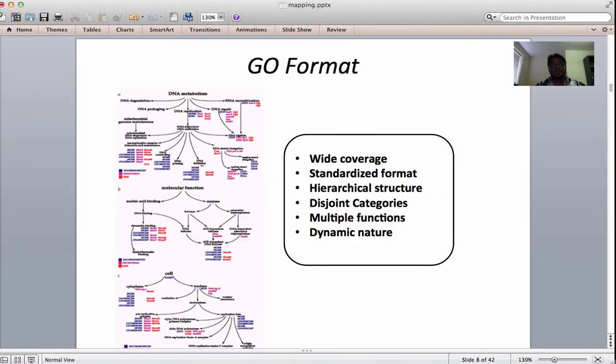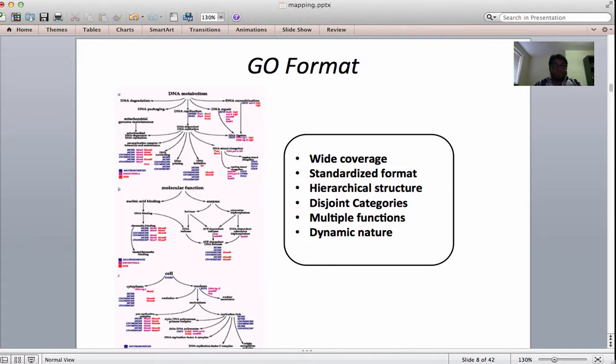So the GO is divided into cellular component, molecular function, and biological process. And what does it do? These terms have very wide coverage and a standardized format, and a directed acyclic graph-like structure, which is hierarchically related, and the categories are kind of disjoint.